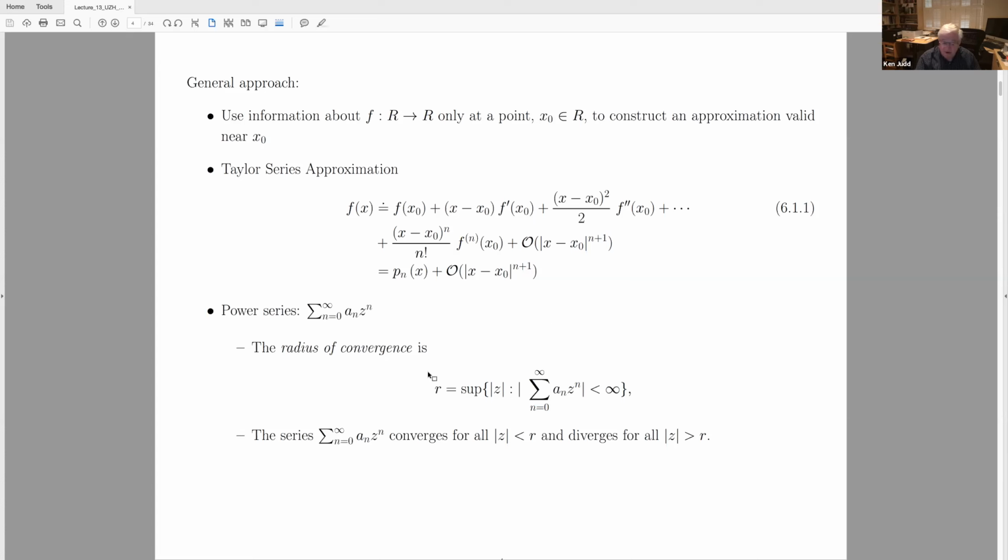The radius of convergence is some little r, which is defined as the supremum of the magnitude of all z's such that the power series converges. Now, you might ask, why is that an interesting definition?